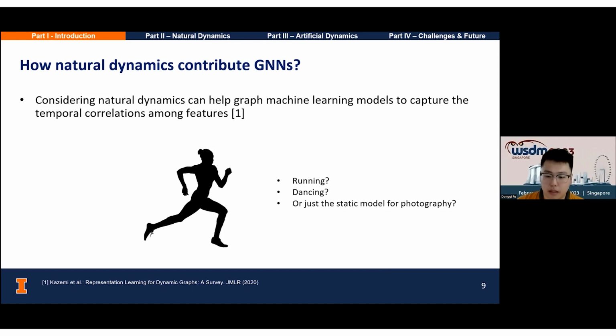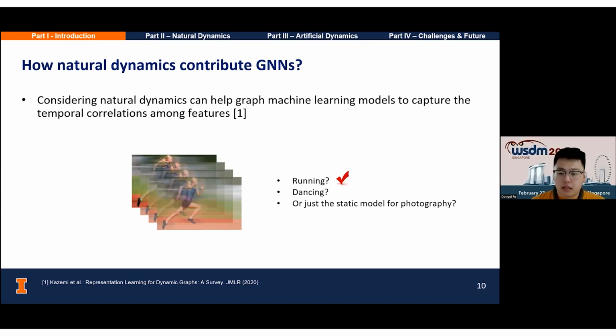For example, in the following figure, can we identify whether it is running, dancing, or just a static model for photography? We may not be 100% sure about which action it is.